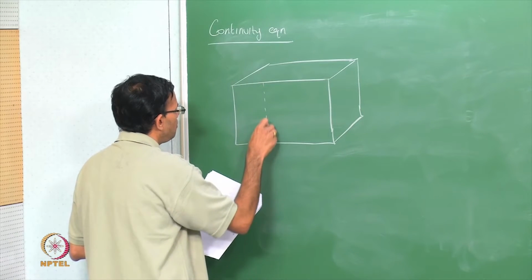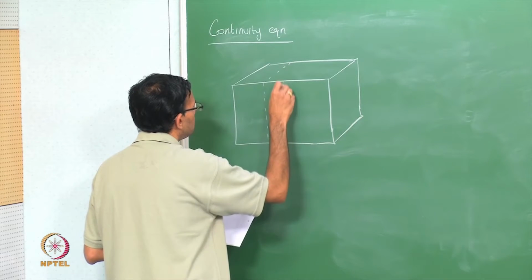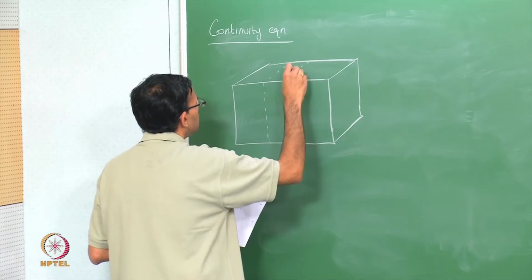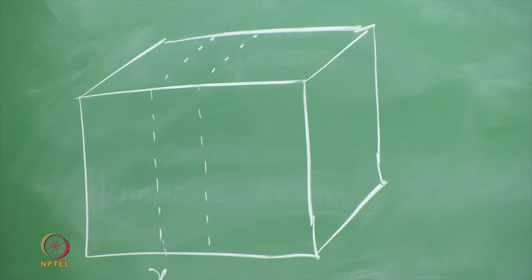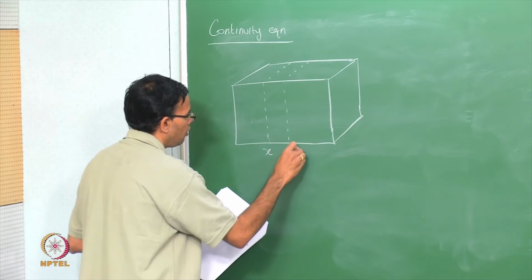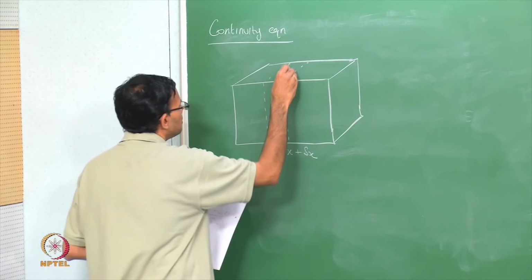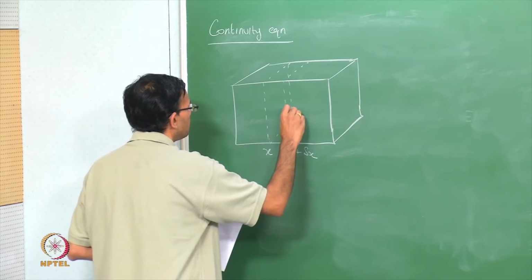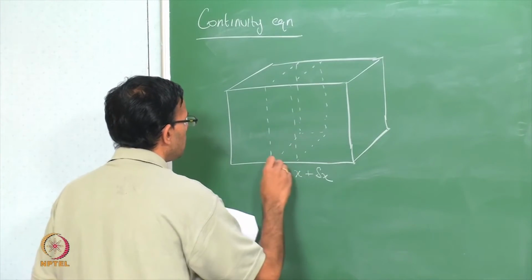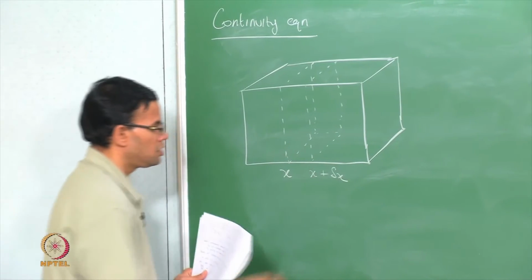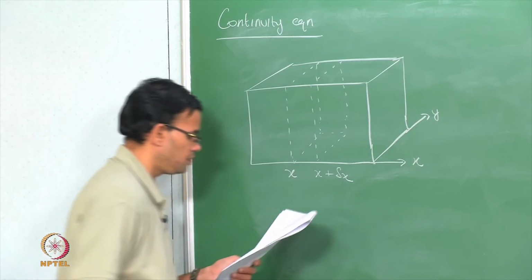So, I have a small portion of this material which is at a certain depth x, and then I consider a small increment x plus delta x. This is just a portion of your slab. This direction is my x direction, this direction is the y direction.